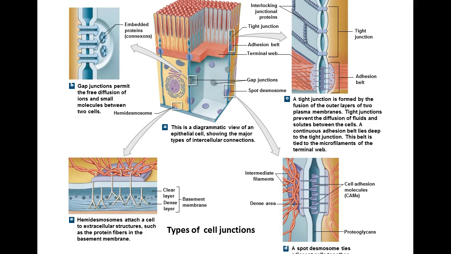And these desmosomes, whether they're desmosomes or hemidesmosomes, depending on where you find them, the hemidesmosomes you tend to find in the basement membrane between the clear and dense layer. The clear layer is made up of fine proteins that are bound pretty close together, and the dense layer is more coarse proteins.